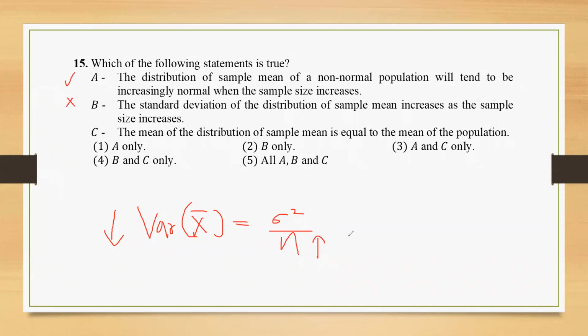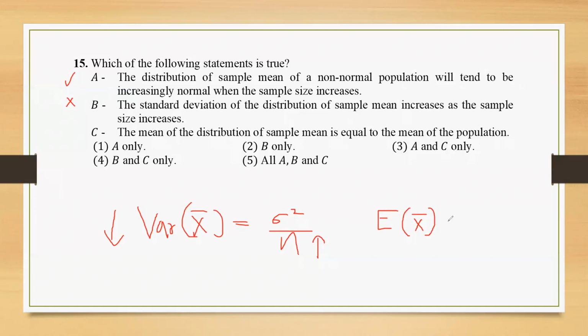It is incorrect. Then the C, the mean of the distribution of sample mean is equal to the mean of the population. If we consider the x bar, that is sample mean, and its mean means the expected value of x bar. Mean means expected value. Both are same.